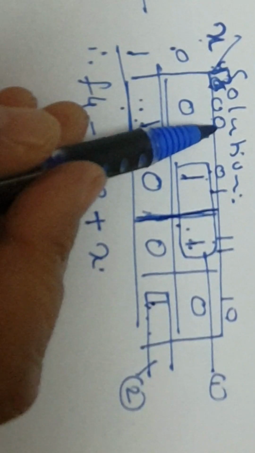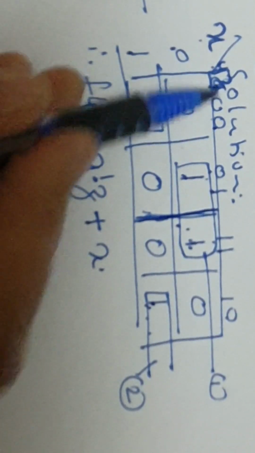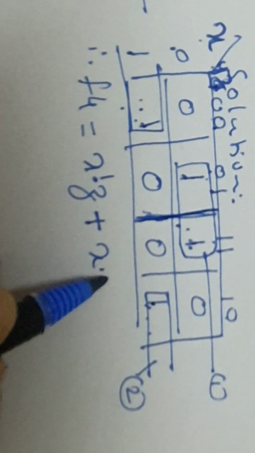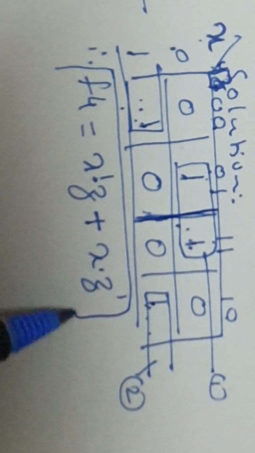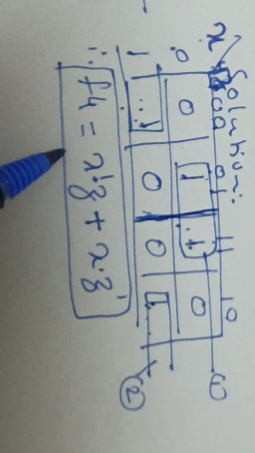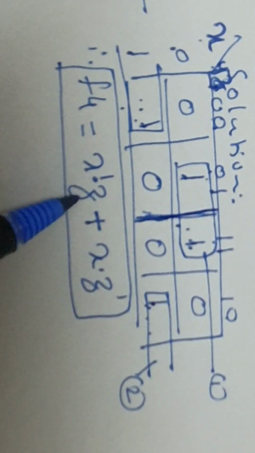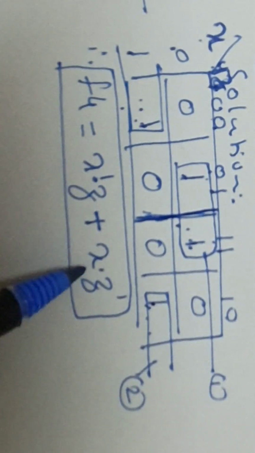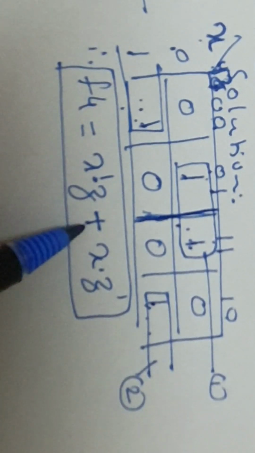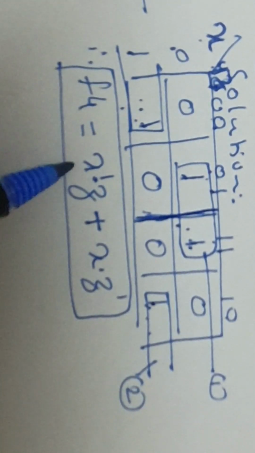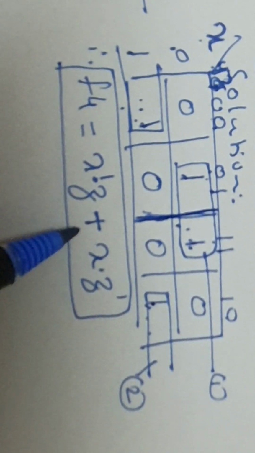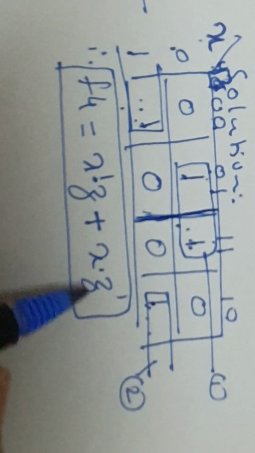This 0, 0 is common with respect to Z. Hence we'll have to take Z dash. So this is the simplified solution. What is the solution? F4 is equal to X dash Z plus XZ dash. So plus means here logical OR. How to read? F4 is equal to X dash Z or XZ dash.